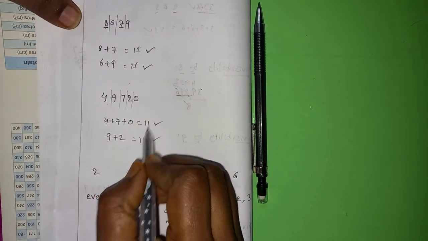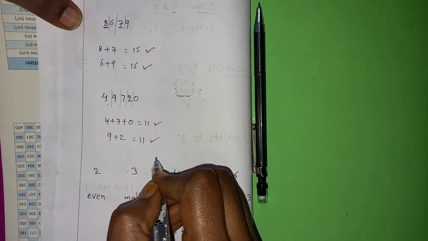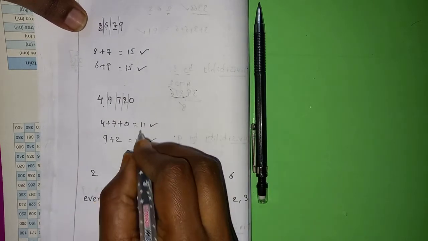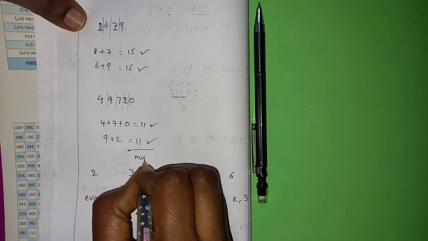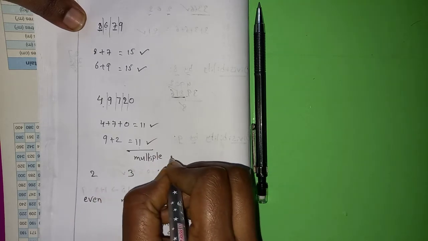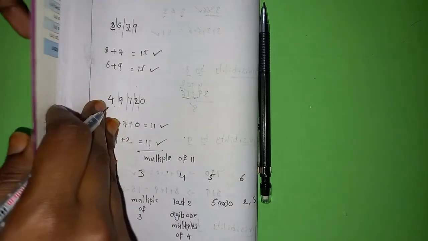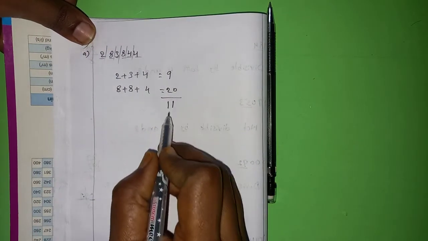When I was explaining earlier, I just said when both the numbers are the same, it is divisible by 11. When you take the difference, if the difference is a multiple of 11, then also the number is divisible by 11. Understand? What is the difference between 20 and 9? 11.